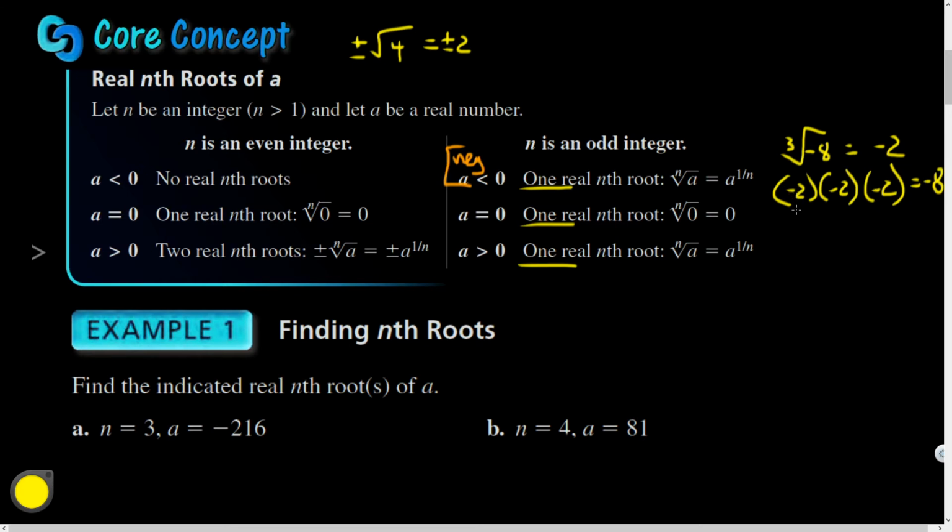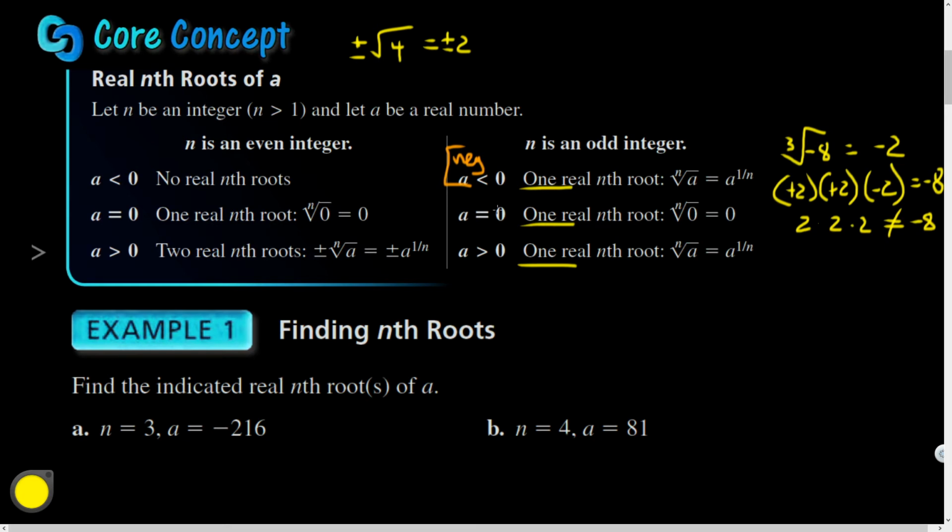The two negatives pair up and become positive, but one minus sign is left over. Also notice the cube root of -8 could not be positive 2, because 2 times 2 times 2 will never equal -8. And so that's why there's only 1.